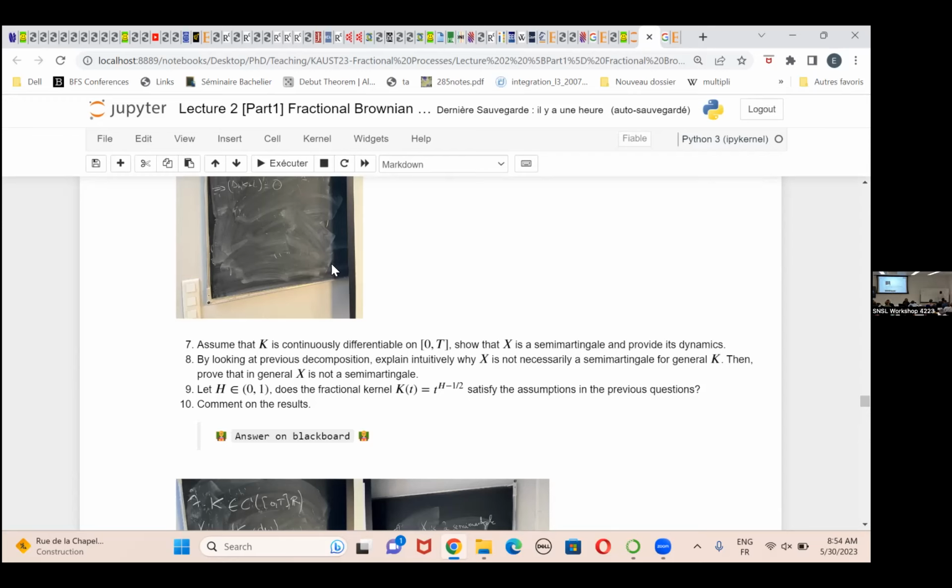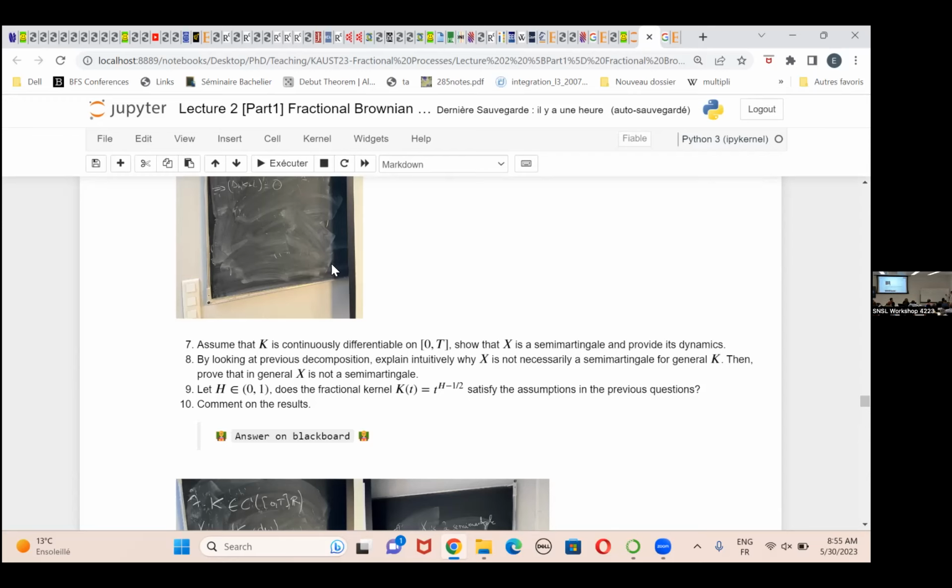Now you see X is simply a constant times a Brownian motion plus an integral of something, with respect to ds. So this shows that X is a semi-martingale, and you can explicitly write the decomposition: dX_t is K0 dW_t plus what's under the integral in ds here, let's write it explicitly, the integral of K prime(t minus s) dW_s, dt.